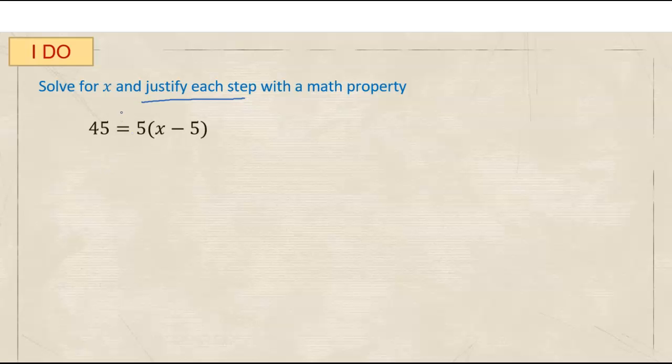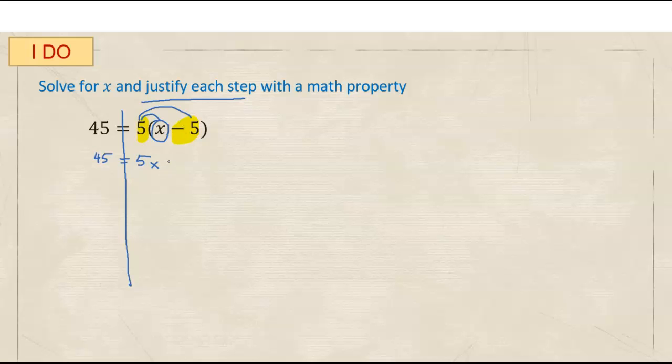So we're solving for x. I'm going to draw my line, circle my variable, highlight my other terms that we need to get rid of. What should we do first here? Maybe I see parentheses. I always like to distribute. So let's distribute here. Bring the 45 down. 5 times x will just be 5x.